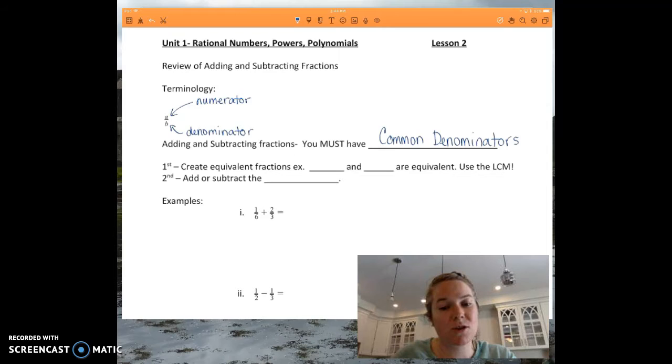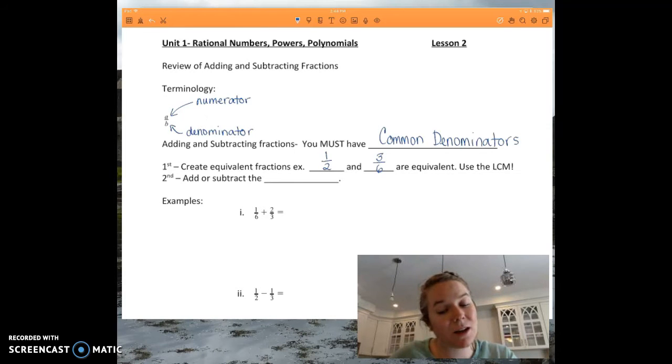So let's start with a simple fraction, 1/2. And let's think of another equivalent fraction. So that's a fraction that's exactly the same size as 1/2. So maybe 3/6. 3/6 is the same as 1/2.